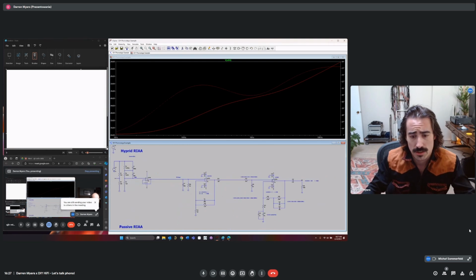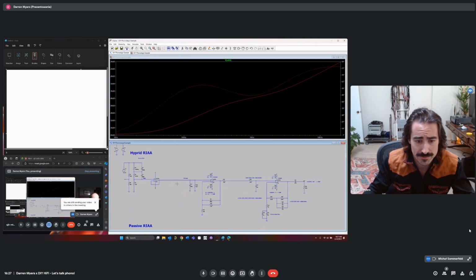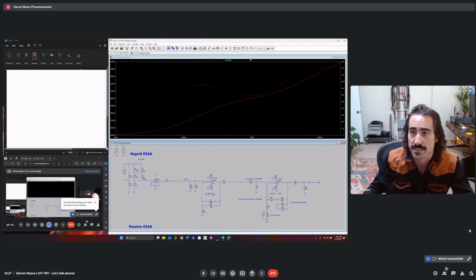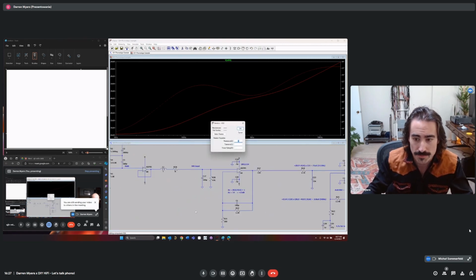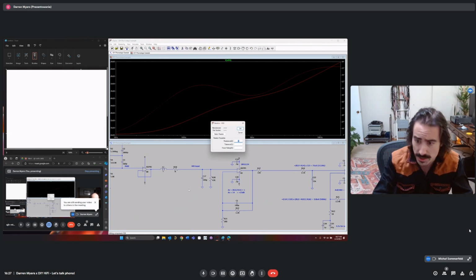One thing that's really cool about using Spice is that we can simulate, for instance, a cartridge. A cartridge has an inductance and an impedance, and in this case it's just going to be purely a resistance.